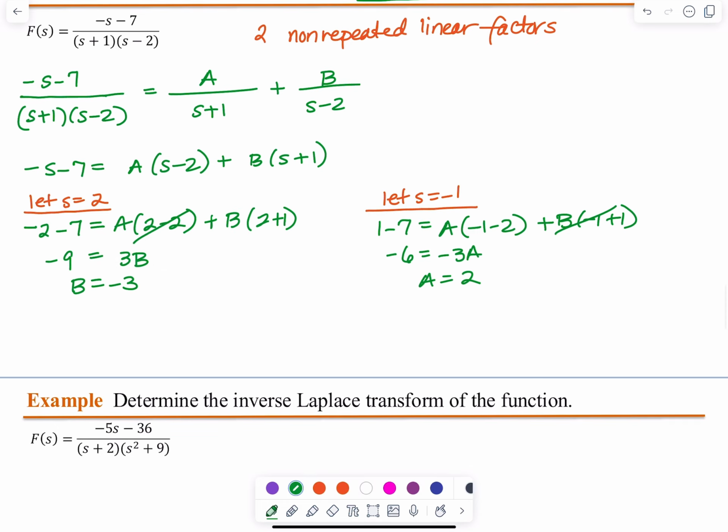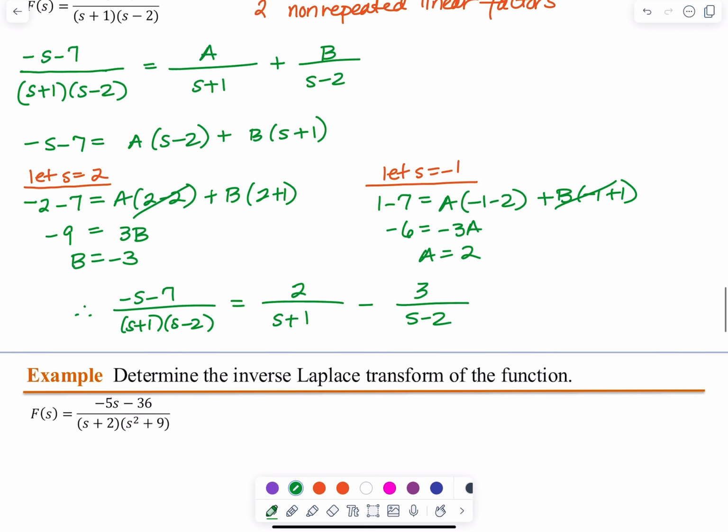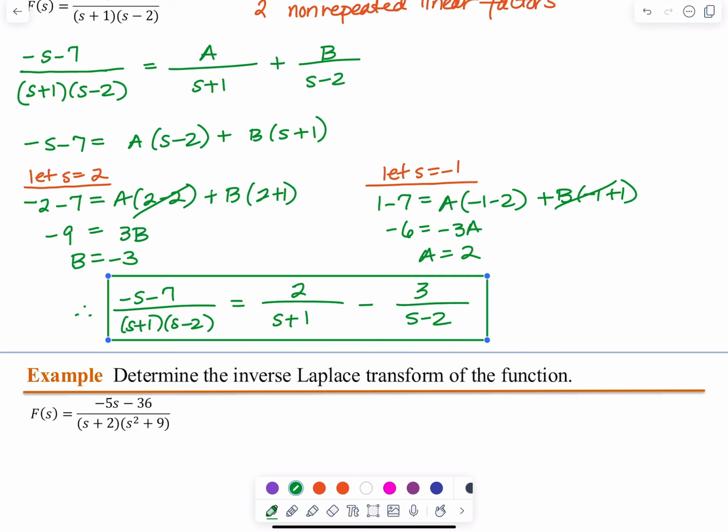So therefore, negative s minus 7 divided by s plus 1 multiplied by s minus 2 is equal to 2 over s plus 1 minus 3 over s minus 2. So we can decompose a fraction into partial fractions, and that's exactly what we did here.